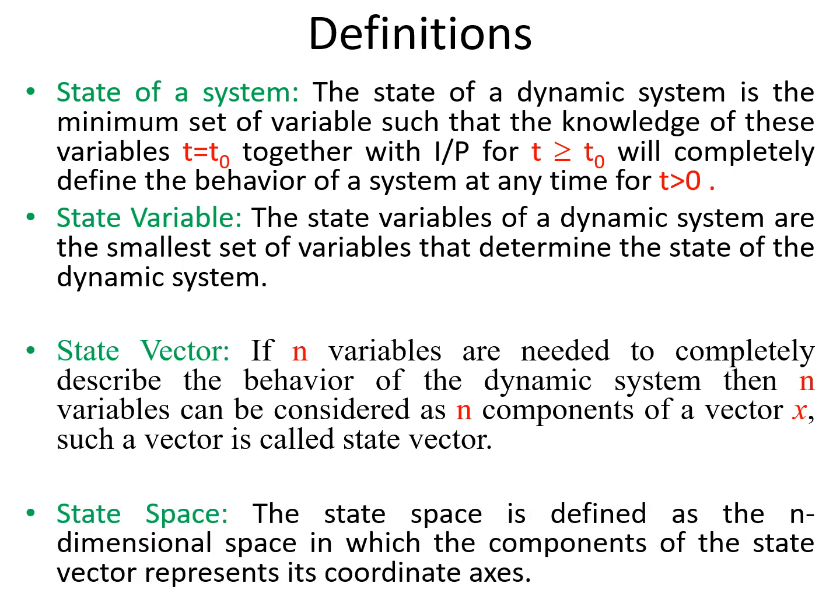State space is defined as the n-dimensional space in which the components of the state vector are represented on coordinate axes. These basic definitions should be remembered and can be asked as a theory question in the examination, so please make a note of it.